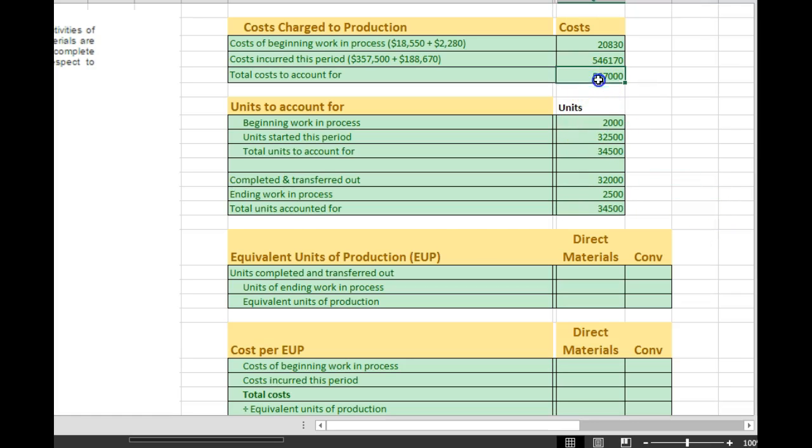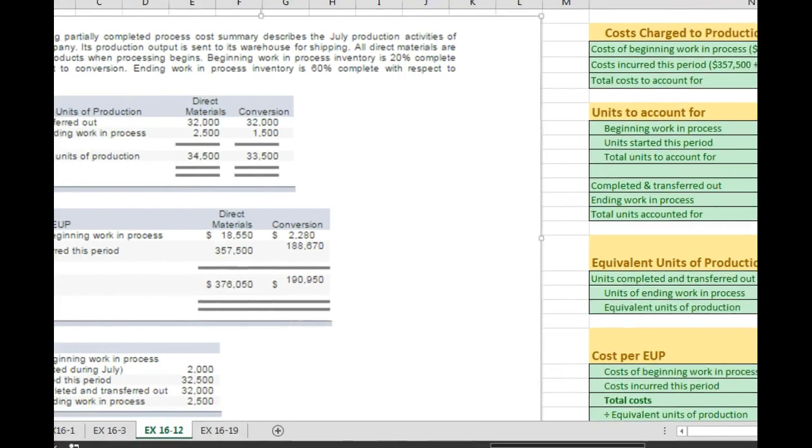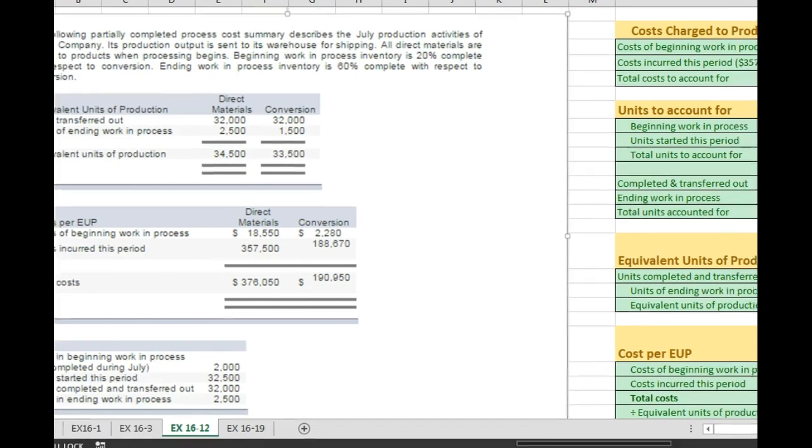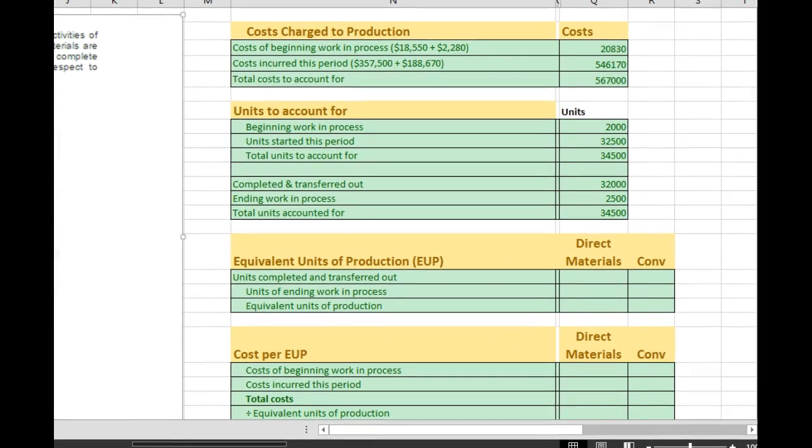Okay, so you have your cost set and you have your units set. Now we're ready to start working on the equivalent units. And the equivalent units, let me show you where they're found. If I can grab hold of this silly thing. Right here's your equivalent units. So those are the ones you're going to move over to here.